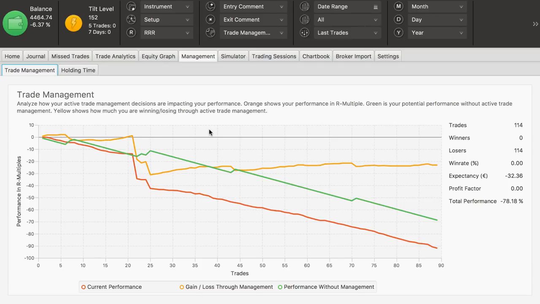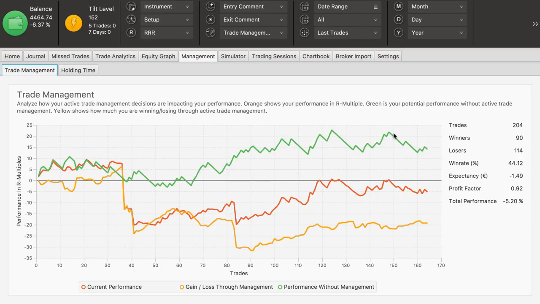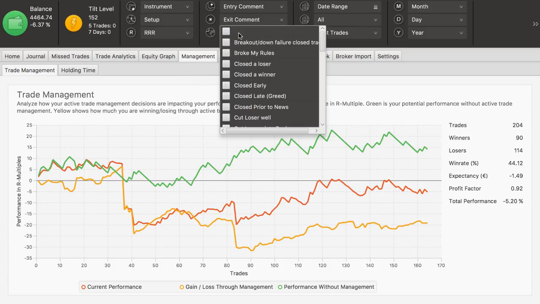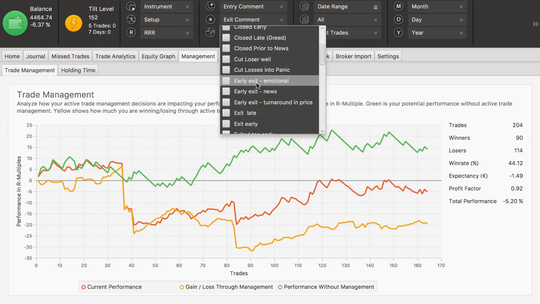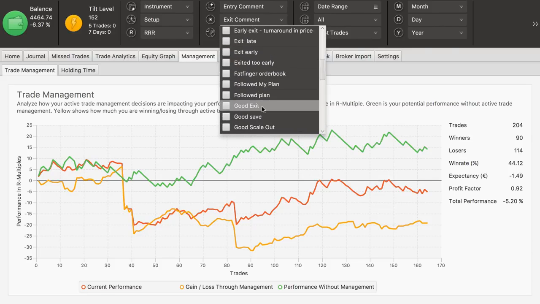Something that really stands out as well. Let's clear the filter again and let's take a look at another interesting filter. So now we are back, and now let's take a look at the trades where he exited, because I saw that he's using this quite often.